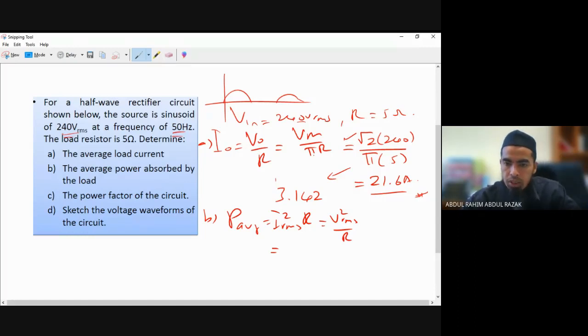Okay. This is your average, this is IOUT average. It's not RMS values. So you cannot use directly this 21.6 ampere here. To get the average power, you have to convert from average into RMS. So IRMS is equal to V RMS divided by R, or VM divided by 2R.